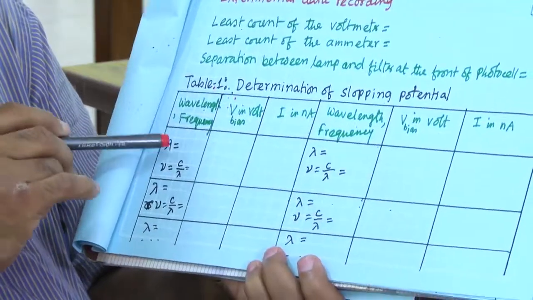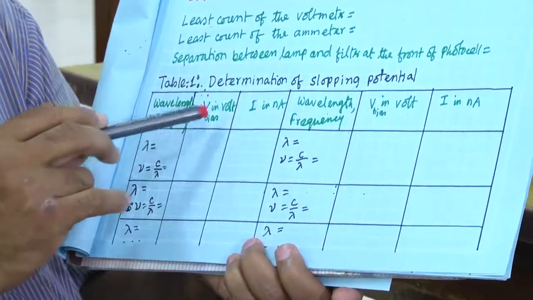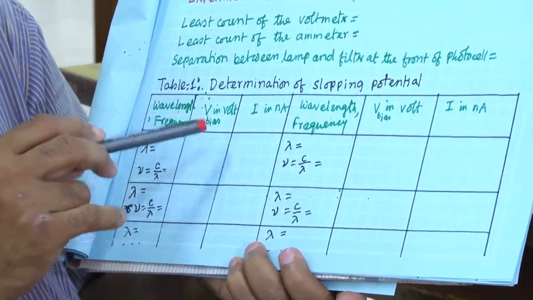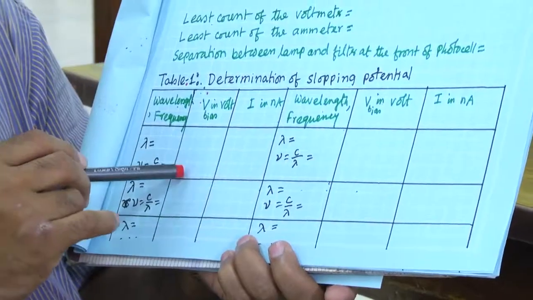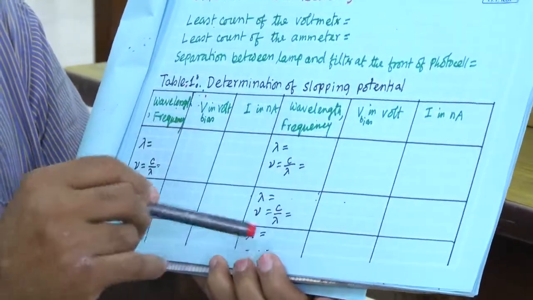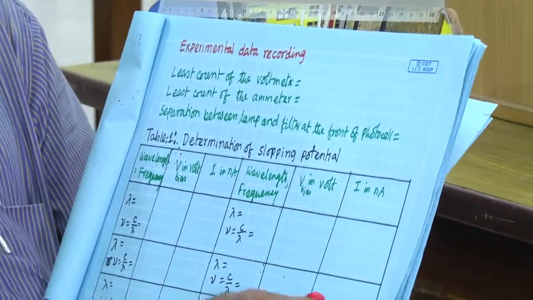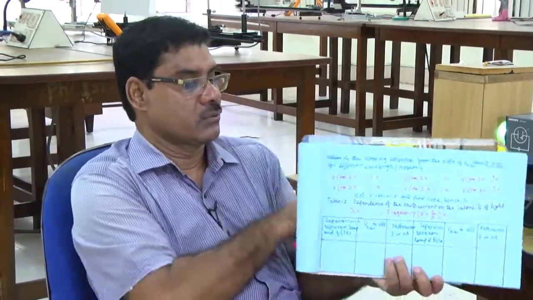Now, determination of stopping potential, as I mentioned. You take different wavelengths, and for each wavelength you change the voltage, note down the corresponding current, and find out at which voltage the current becomes 0. We will use, I think, 5 or 6 wavelengths for this experiment, and then we will plot them.